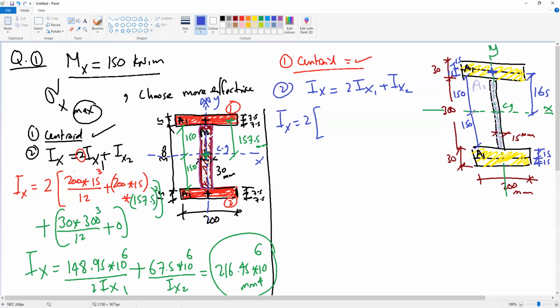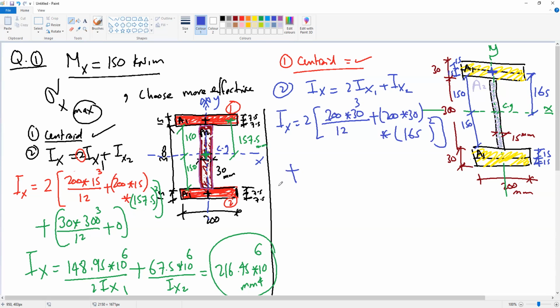Okay, so the inertia Ix1 will be about its own axis, 200 times 30 cubed divided by 12, plus the area, 200 times 30, times the distance squared. So it will be 165 from the centroid to the centroid of the whole section.